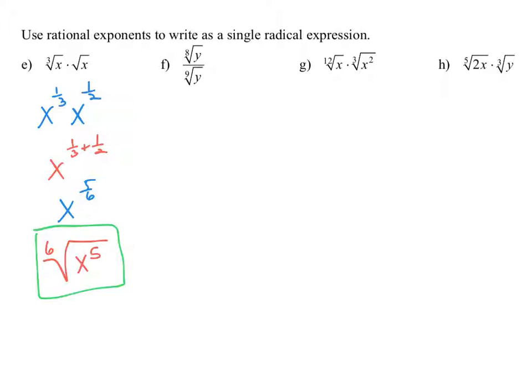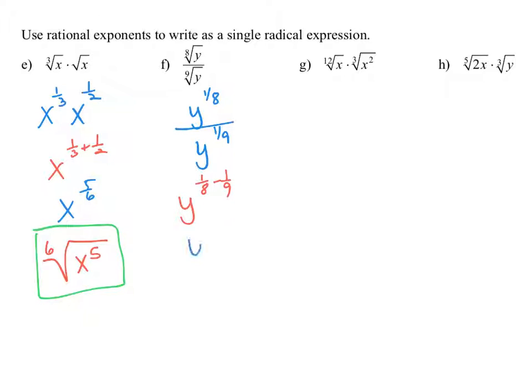In part F, we can rewrite each of these radicals as a rational exponent. The 8th root of y is the same thing as y to the 1/8 exponent. The 9th root of y is the same thing as y to the 1/9 exponent. And then using the quotient rule for exponents, you can subtract the exponents to get y to the 1/8 minus 1/9.